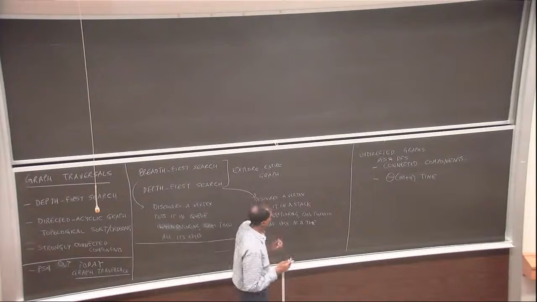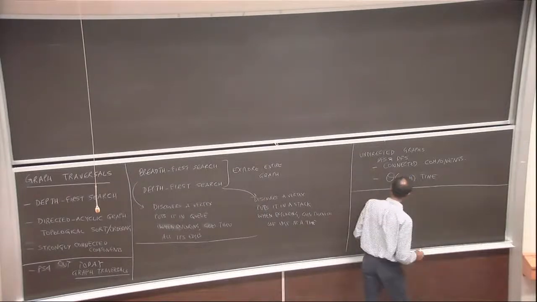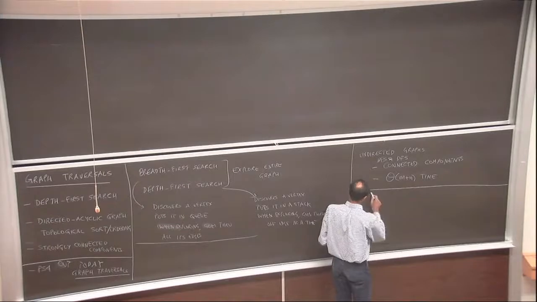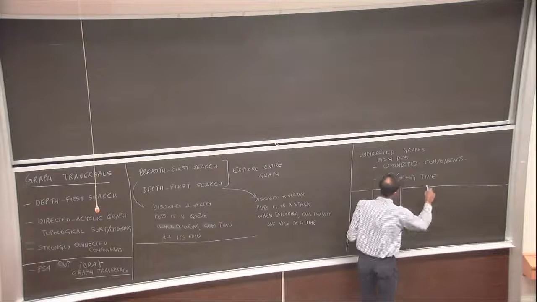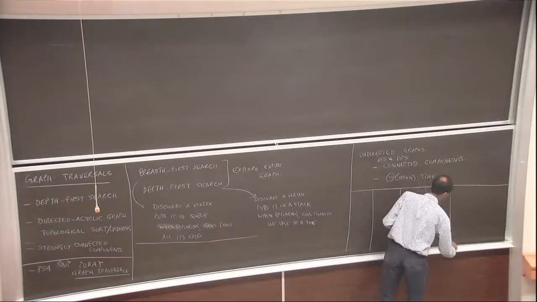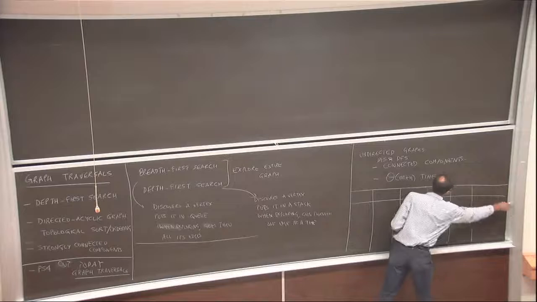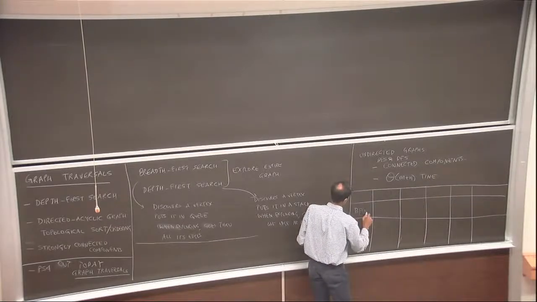It might be easier to see that in table form. So let's say this is BFS.